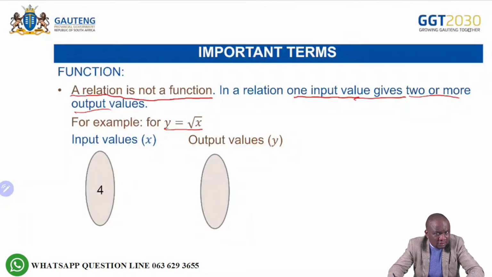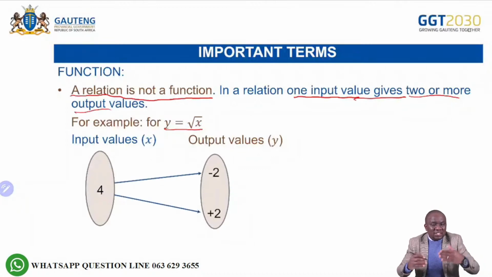Is it 2 only? No, it's not 2 only. It's negative 2 and positive 2. Because negative 2 times negative 2 will give us 4, and 2 times 2 will give us 4. So now, one input value will give us two output values. So this one is not a function because of that.